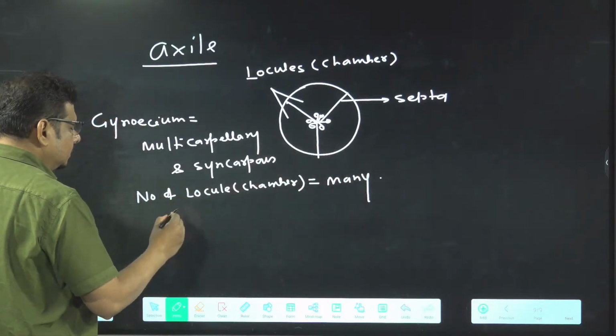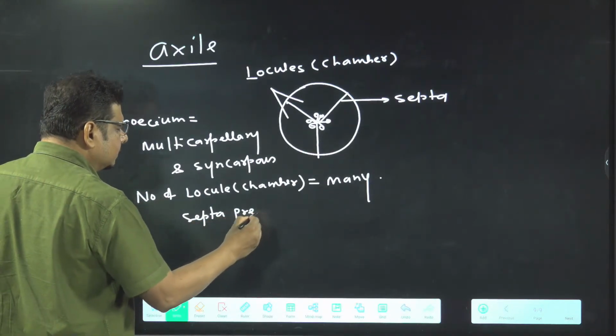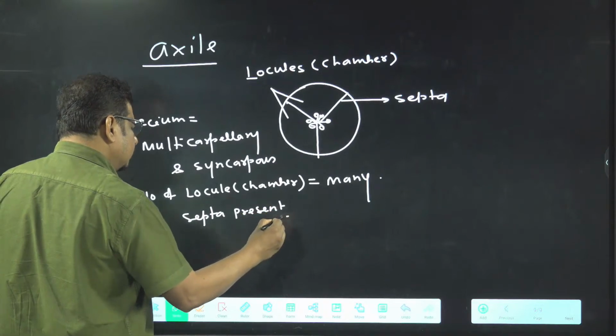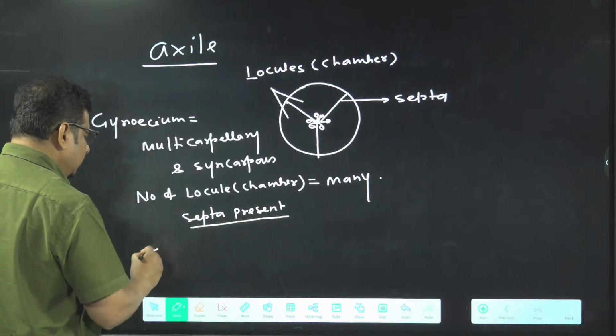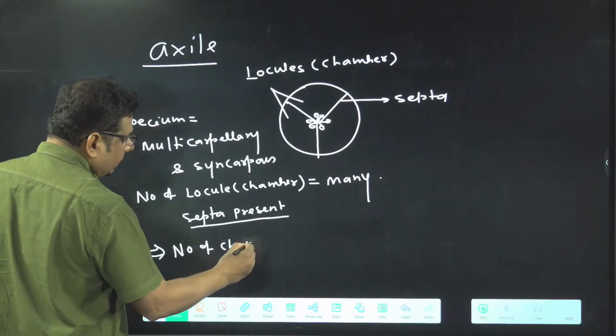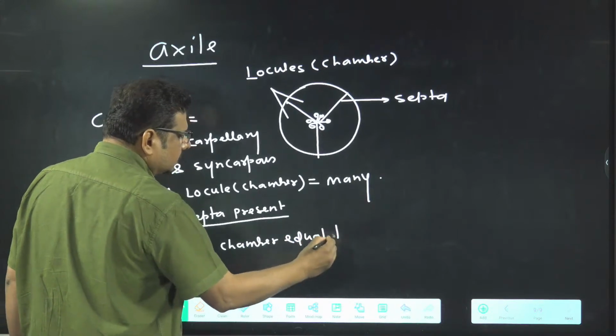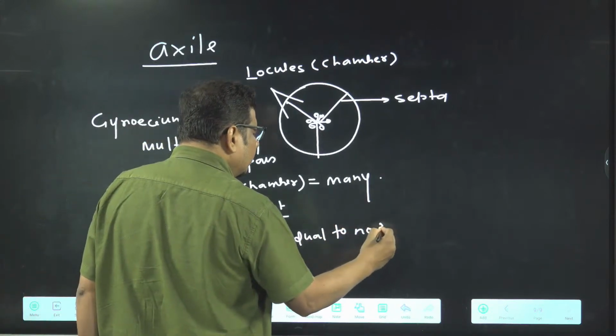Understanding the idea? Septa present. Of course, that is the reason chambers are forming. Many chambers are forming. Number of chambers is equal to the number of carpels fused together.